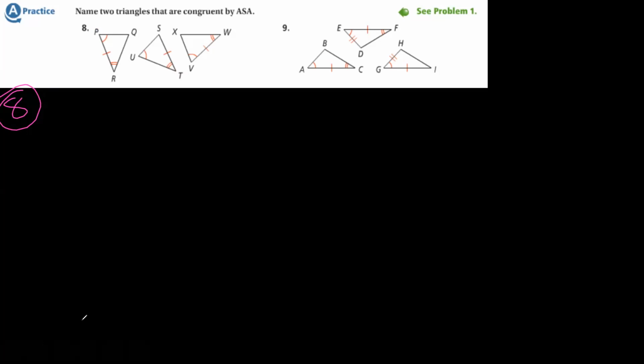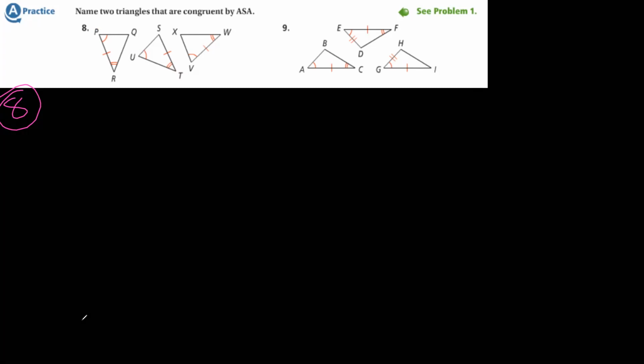Tell me the first angles that are congruent. Angle B is congruent to angle U and congruent to angle V.